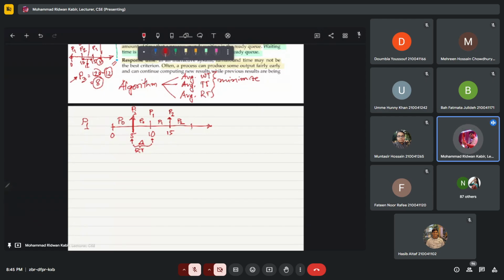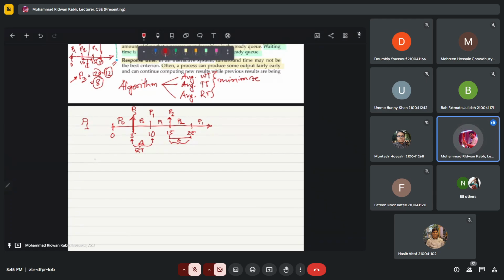Say P2 finishes the execution at time 25, and that is when P1 gets the CPU back again. During this time period, was P1 actively inside the CPU? No, sir, it was inside the ready queue or the job queue. So this delta is not the response time, it is the second waiting time.